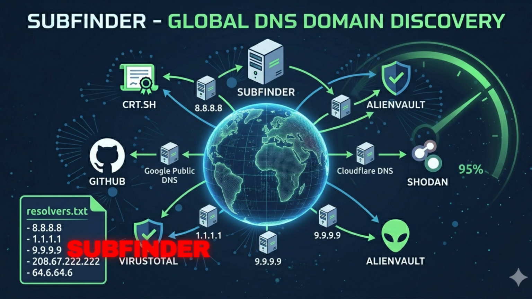By default, Subfinder uses system resolvers, but for large scans you want fast, reliable DNS. Use -rL with a file containing one resolver per line. Cloudflare, Google, Quad9, or your own. Example: -rL my-resolvers.txt.